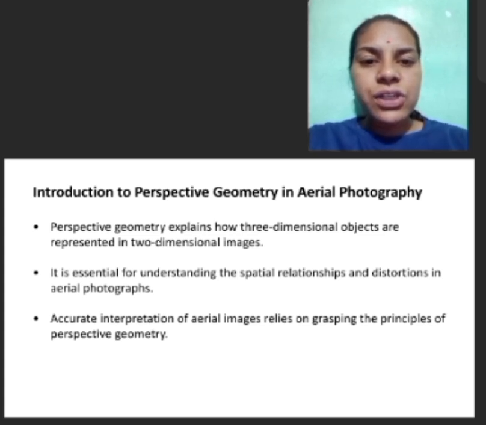It is essential for understanding the spatial relationships and distortions in aerial photographs. Third point, accurate interpretation of aerial images relies on grasping the principles of perspective geometry.